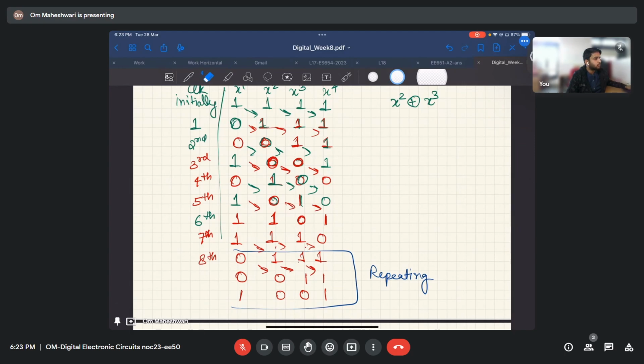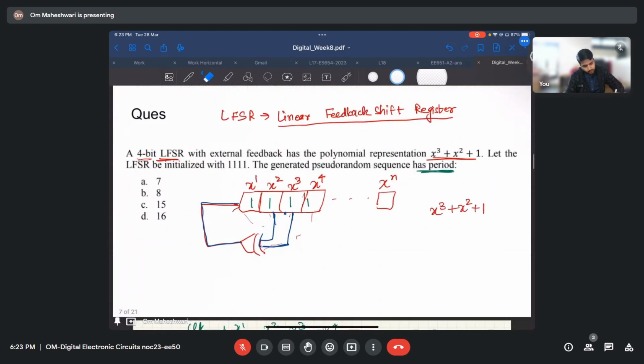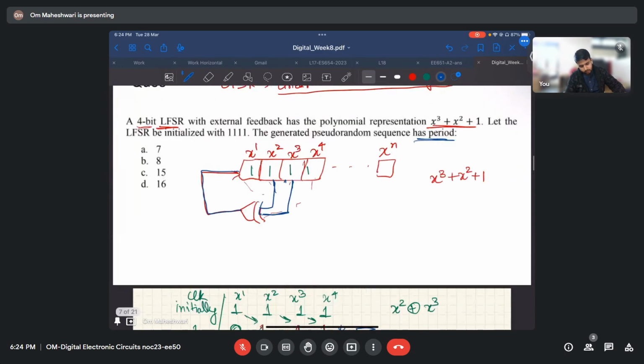So the period has been asked, right? So it is a period of how many bits? 1, 2, 3, 4, 5, 6, 7. After 7, this same one repeats. So we have a period of 7.